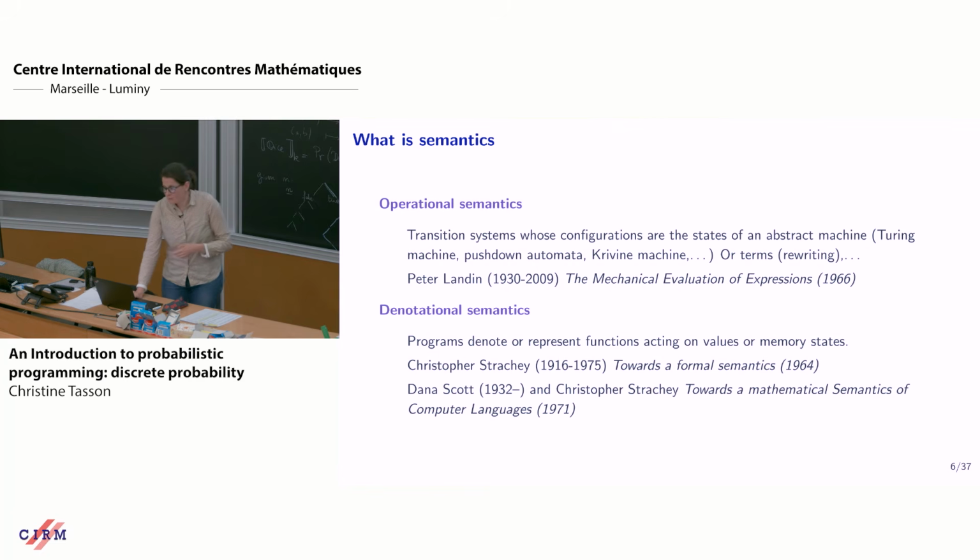Okay, so let's start with probabilistic semantics. But first, what is semantics? There are two main semantics: the operational semantics, which represents programs as transition systems, whose configurations are the states of an abstract machine that can be a Turing machine, a Krivine machine, a push-down automaton, or whatever is your favorite operational semantics, or it can even be a rewriting system on terms.